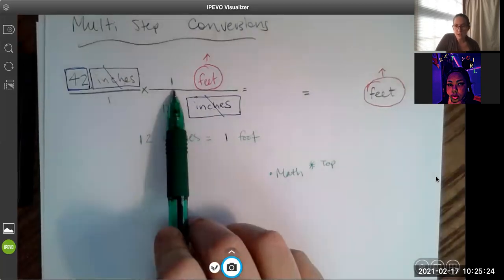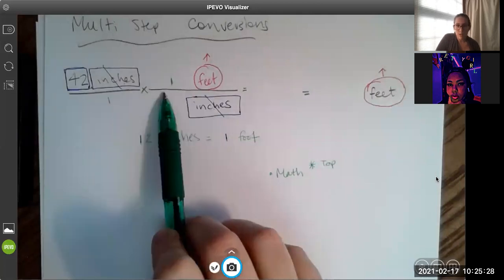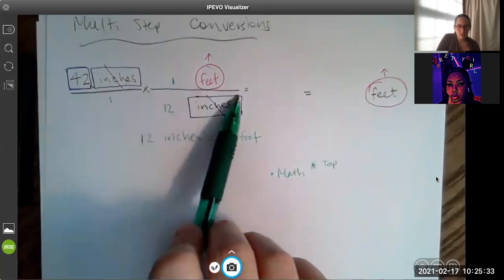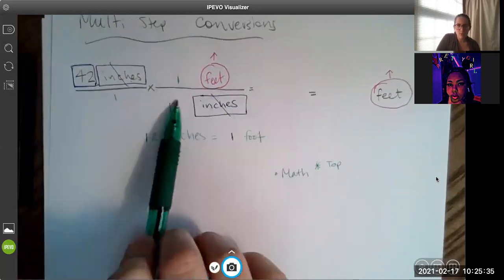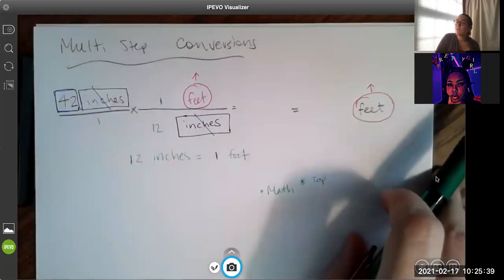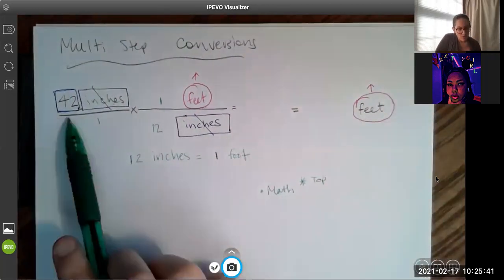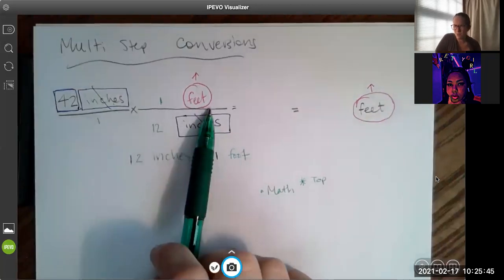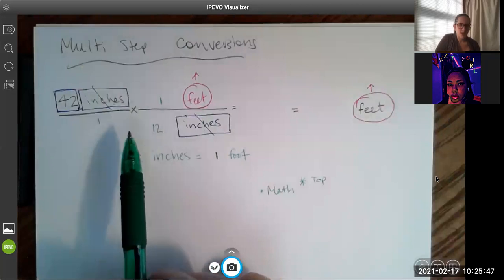Do we have anything else on the top? Feet. 1 feet. Is there anything else in the whole sentence that is on top? 42. There you go. All right, we've got 42 inches and 1 feet on top.